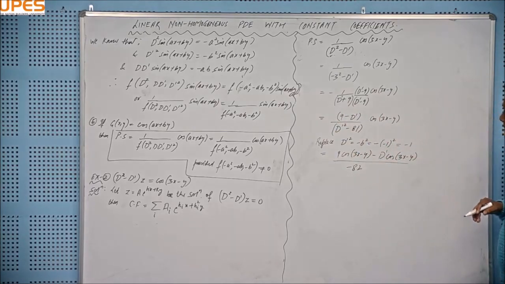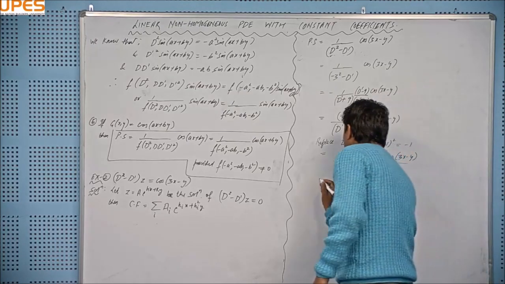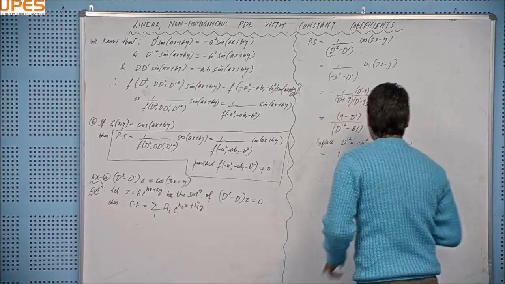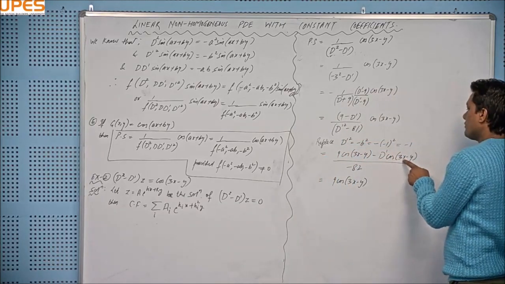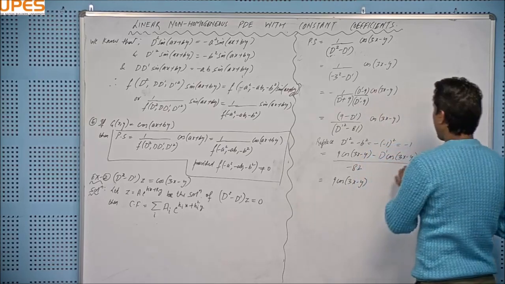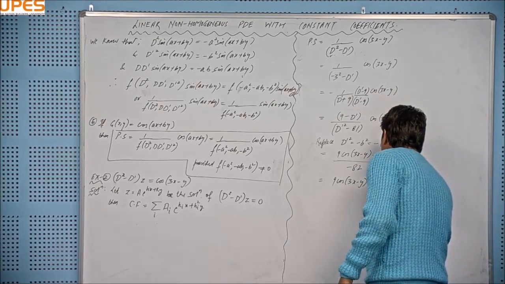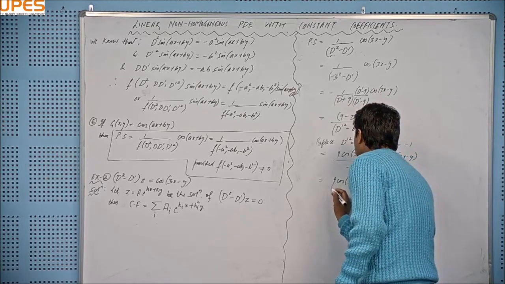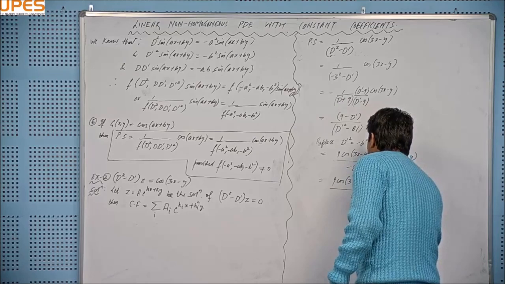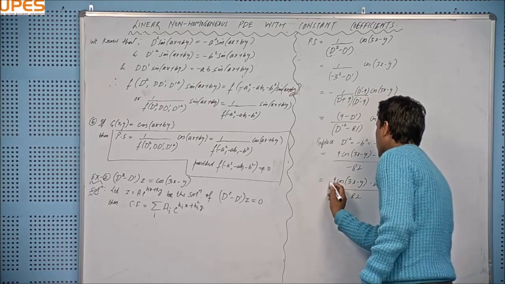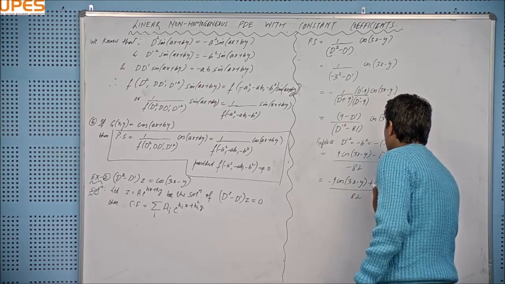Then it will be 9 times cos of 3x minus y, and differentiating with respect to y will give a minus sign, giving minus sine of 3x minus y, and the whole divided by minus 82. This minus will get absorbed here, so this term will be minus and this will be plus.